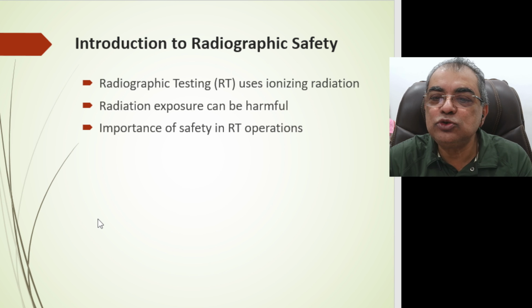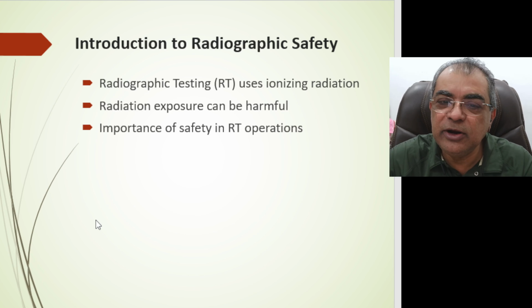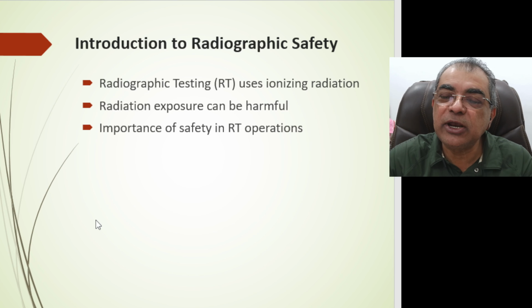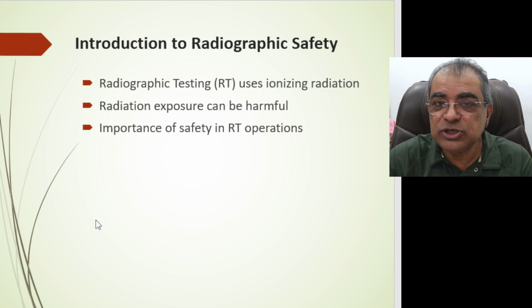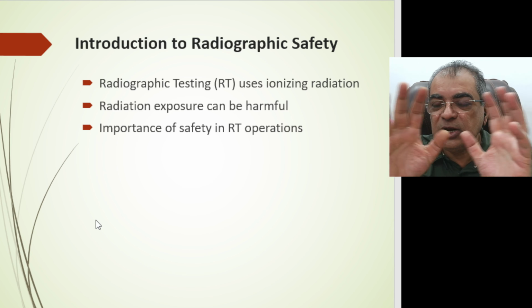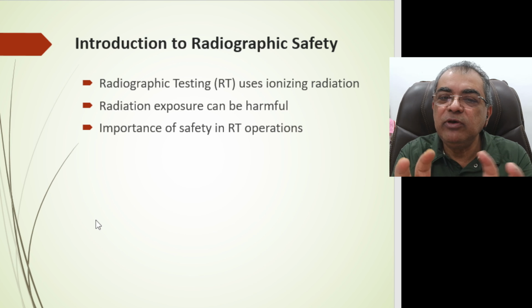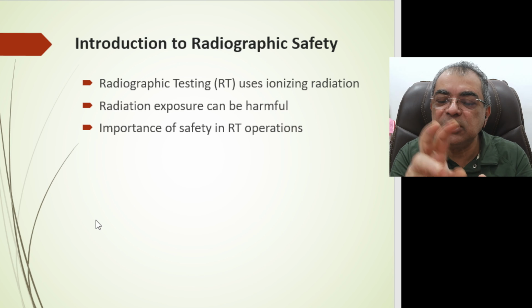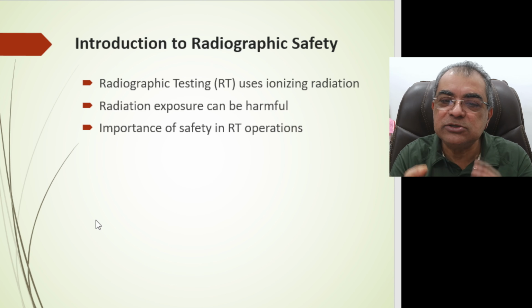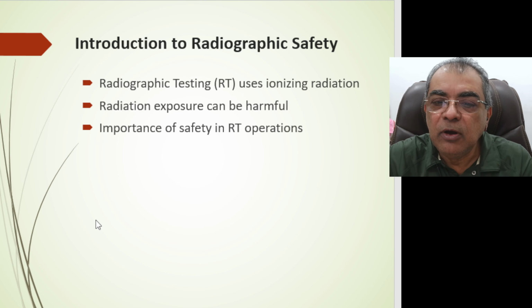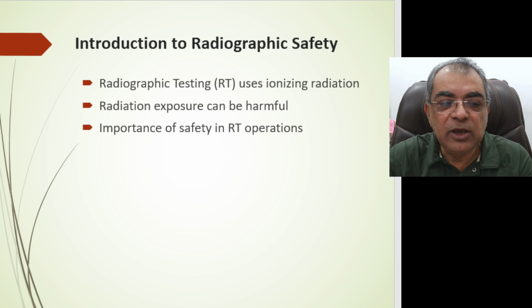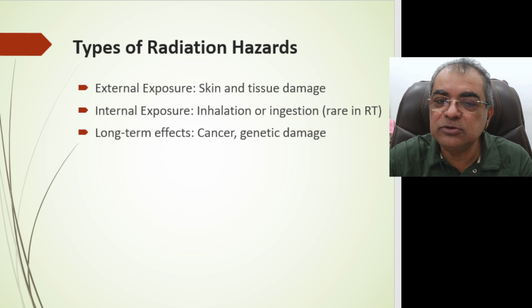Radiography testing uses ionizing radiation, as we have already discussed. Radiation exposure can be harmful. Ingestion, inhalation are occupational health hazards, and I will explain in detail what inhalation, ingestion, skin and all these things are. Safety in RT operation is very important because it can cause cancer also.